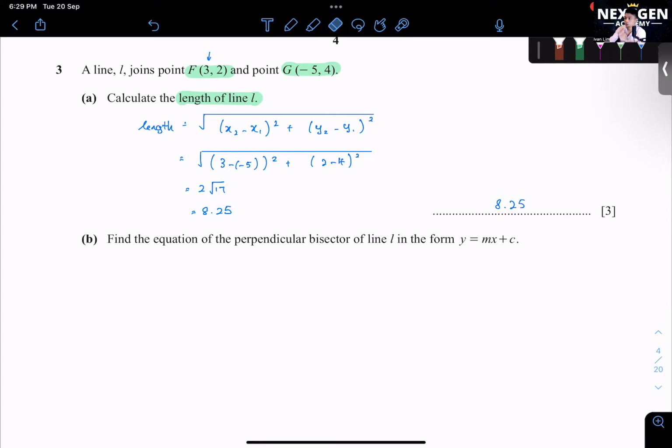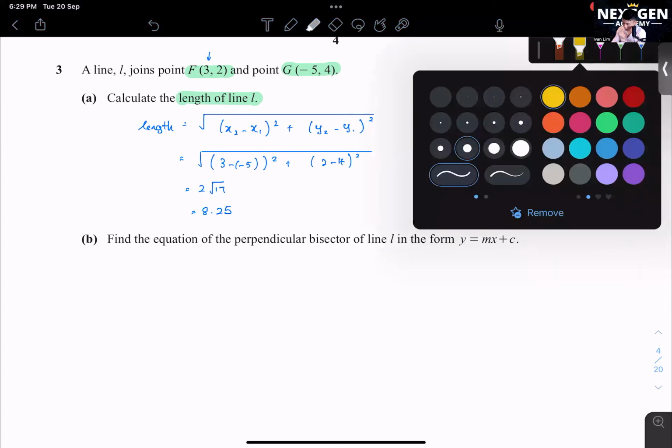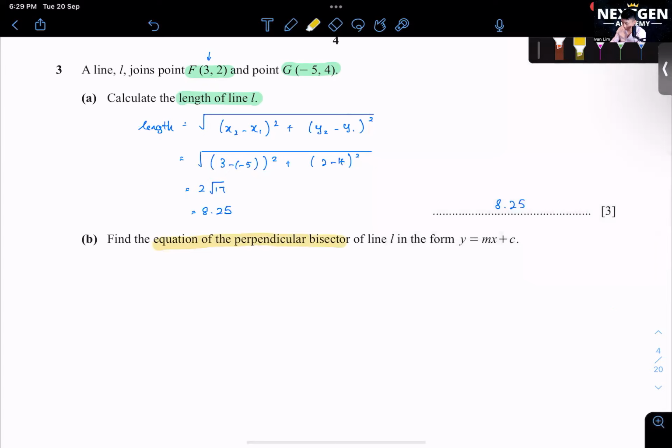Next one. Find the equation of the perpendicular bisector of the line in the form y equals mx plus c. So what's perpendicular bisector? If I have this point F called (3, 2), I have this other point G called (negative 5, 4). You just roughly sketch it out if you want to see it.